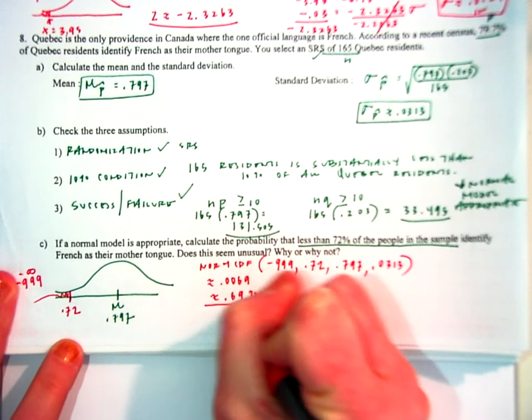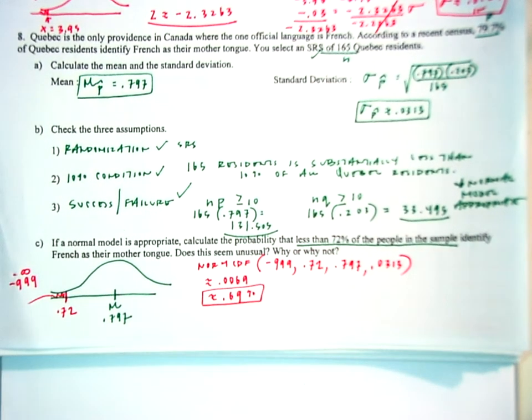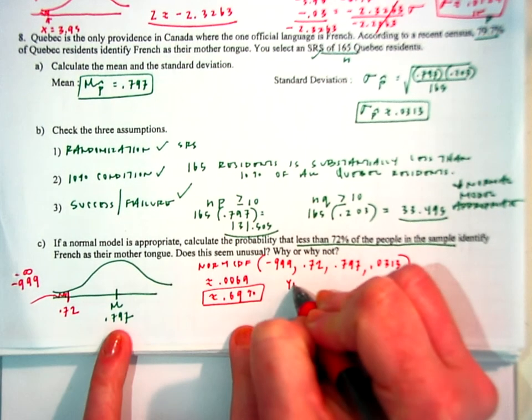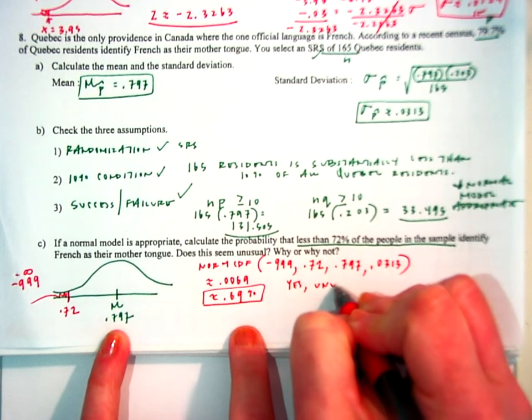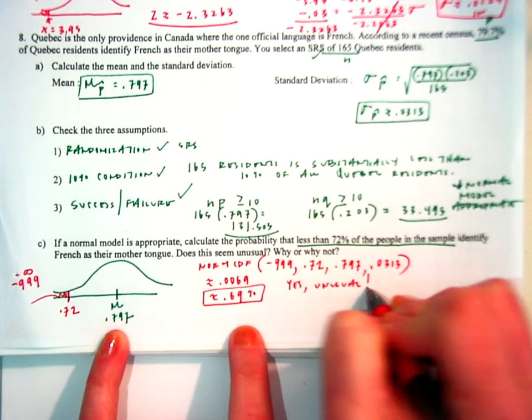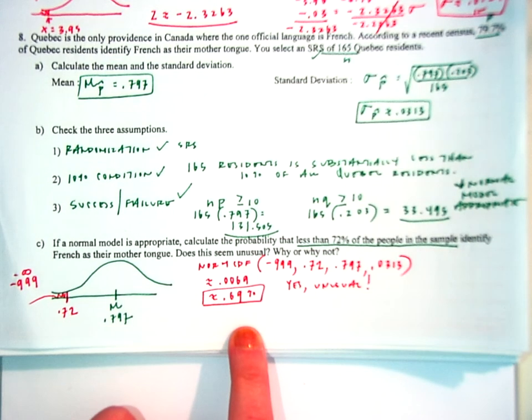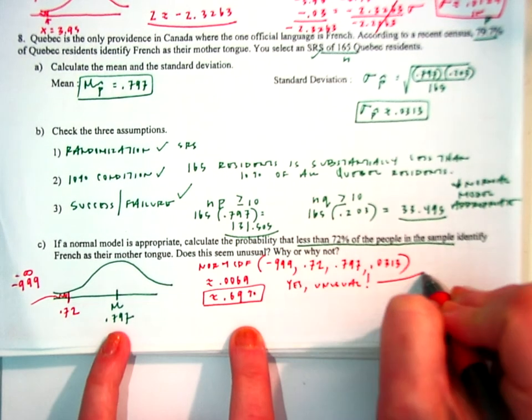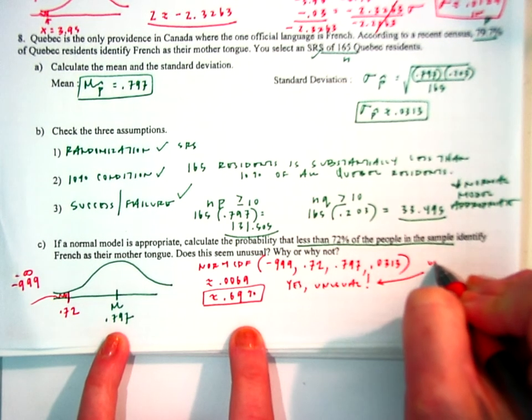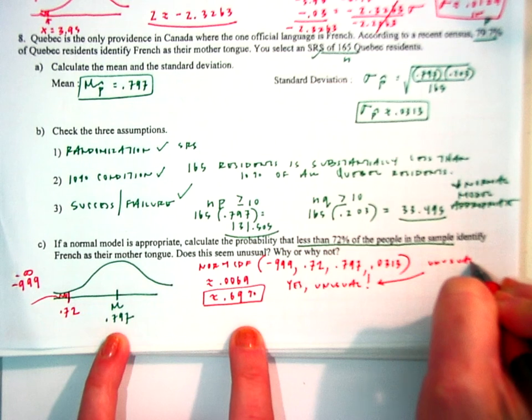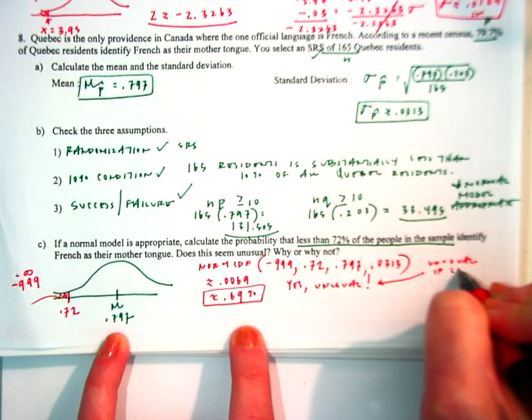So less than 1%. So does that seem unusual? Absolutely. Yes, unusual. Okay, what's our threshold for unusual right now? We're saying it's unusual if less than 5%.